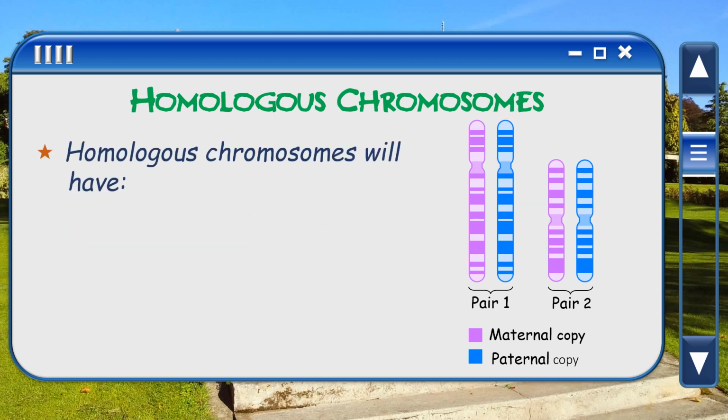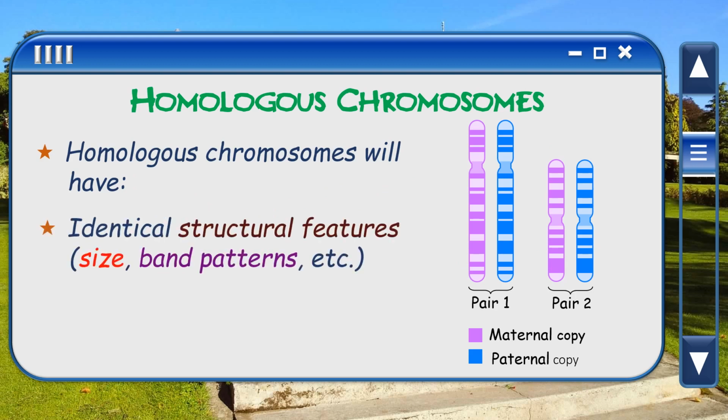Homologous chromosomes have identical structural features, that is, the size, the band pattern, and others. If we look at this homologous pair, you will see that they have the same size.